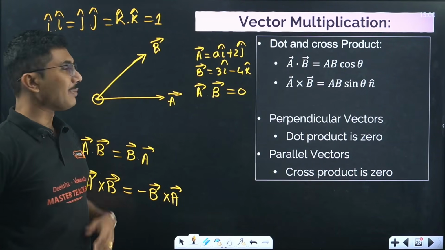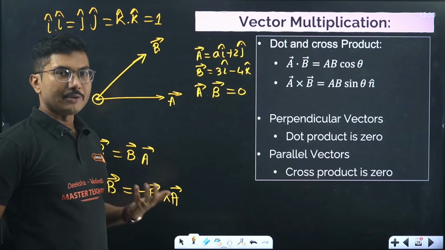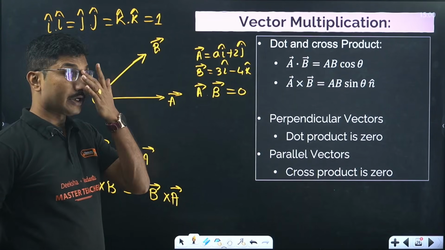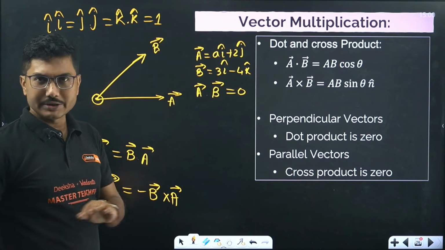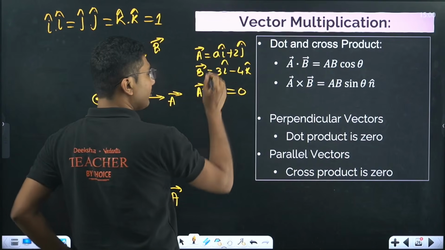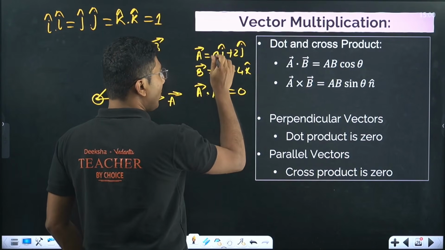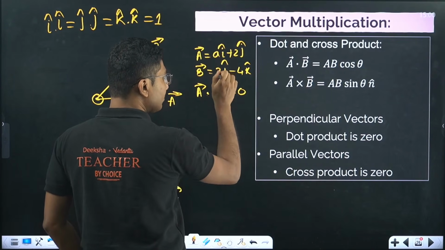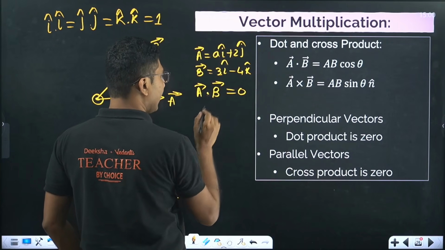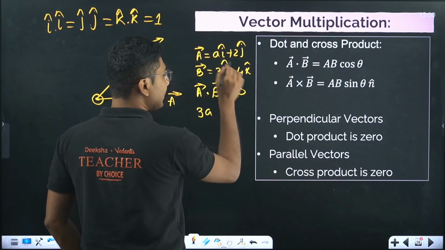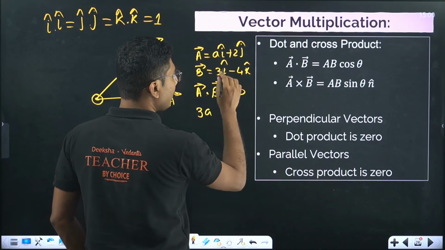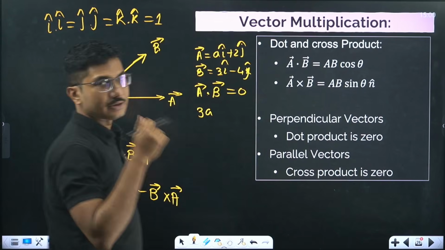Only when you are multiplying the same unit vectors is the value 1, otherwise all mixed products are 0. So when you do the dot product A dot B, you can dot only these two quantities: 3 into a, 3a. These cross terms will be 0.